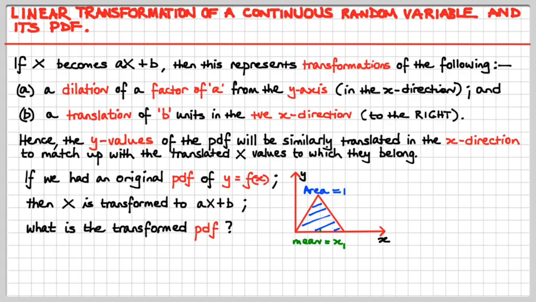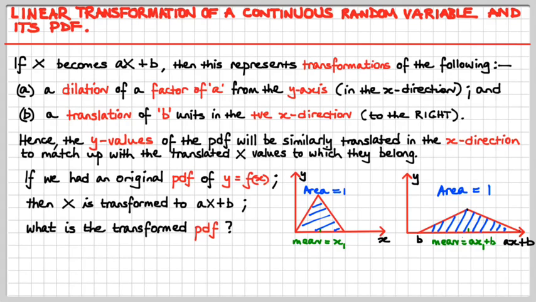Now, we're going to transform that PDF as follows. Oh my goodness, look at this. Well, it certainly has been stretched, hasn't it? That's all stretched out, yeah? Much wider sweep from one extremity to the other in terms of x than this one's got. And secondly, you notice that the mean, which was at x1 here, has now moved to a times x1 plus b.